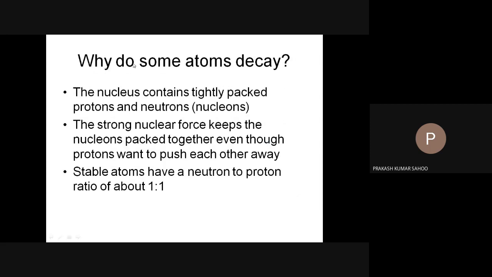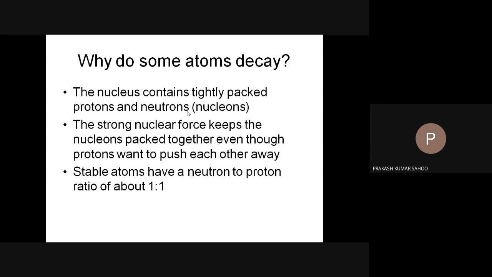So why do some atoms decay? It depends on the neutron to proton ratio, because nuclei contain tightly packed protons and neutrons in a compact area. Protons and neutrons are there, but in spite of the same charge, there will be a force of repulsion. Even after that, these subatomic particles remain in the nucleus without affecting the stability of the atom.